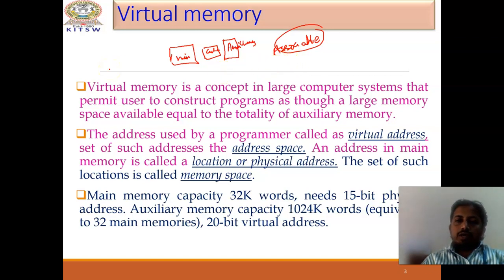So in the memory hierarchy, you would have either a cache memory, main memory, or auxiliary memory. Auxiliary memories are nothing but the secondary memories or the outside memories, like a magnetic tape, magnetic disk, hard drives. All of these come under auxiliary memories.